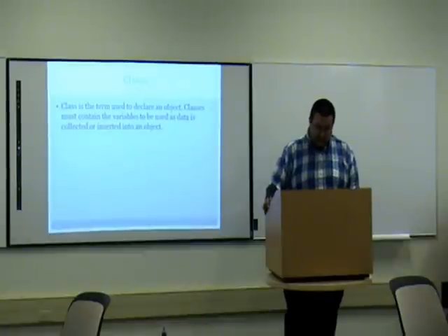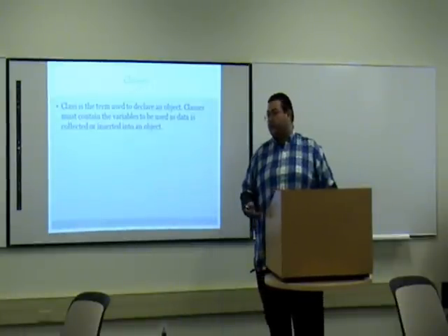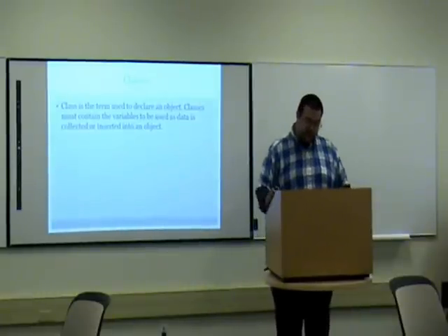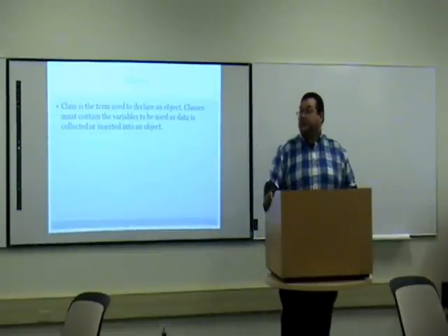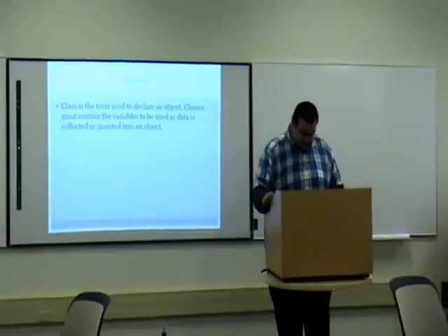Classes. This is what gave me the hardest problem when I started learning about objects. I didn't understand if it's an object, why are they calling it a class? But the class basically is a blueprint which creates an instance of itself.